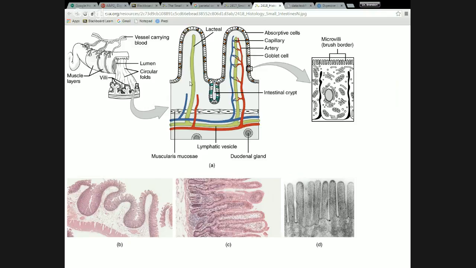Just increasing that. Now within the villus, there are blood vessels. So we have an intestinal arteriole coming in and an intestinal venule coming out with capillaries in between, and then a lymphatic capillary called a lacteal that's sort of in between all of that. The lacteal is there to absorb lipids from our diet, and then the amino acids and carbohydrates that are absorbed go directly into the blood supply.